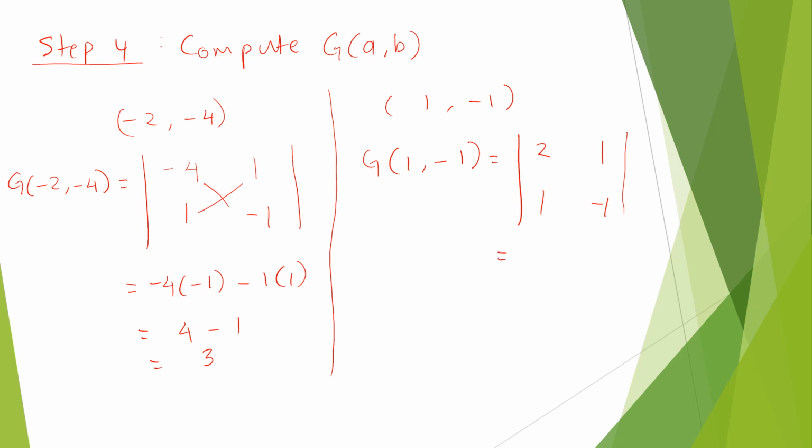Okay, then find the determinant. 2 times -1 minus 1 times 1, which equals -3.